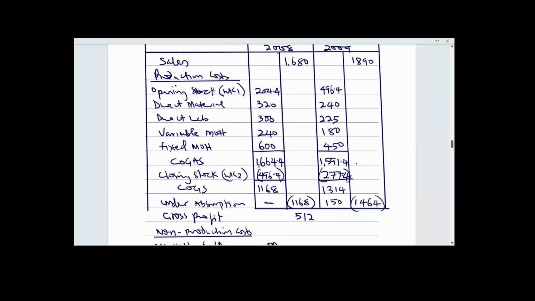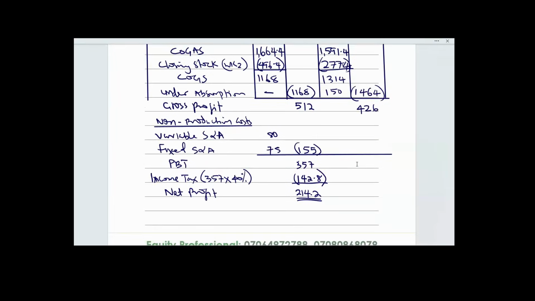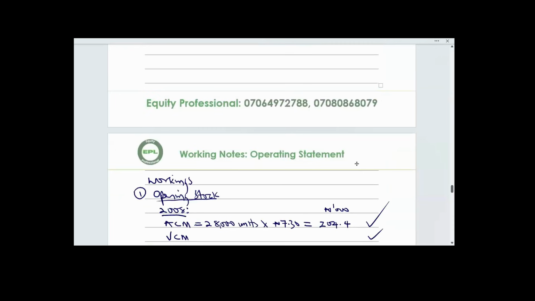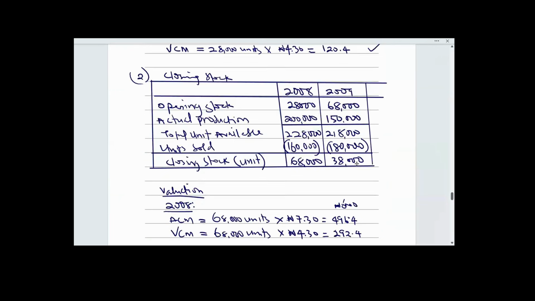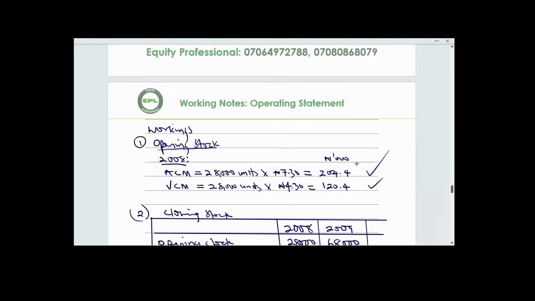Okay, that's gross profit, 426. Variable selling and admin in the second period, we calculated 90,000 naira. That is 180,000 units multiplied by 50 kobo.